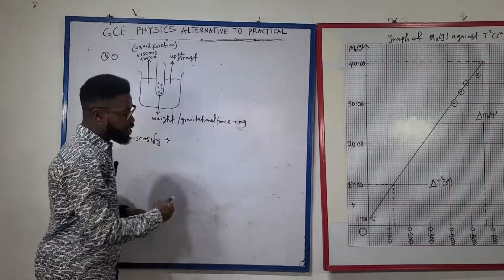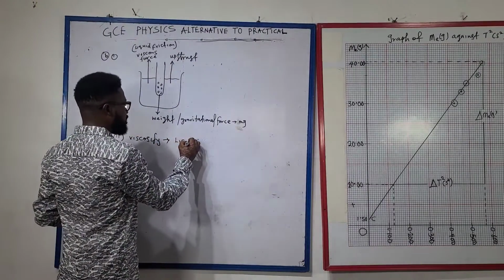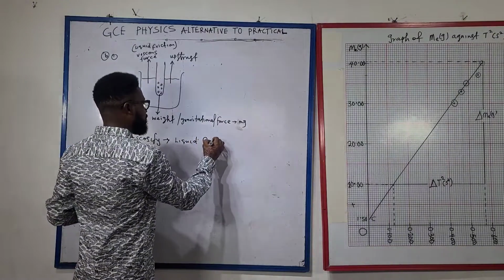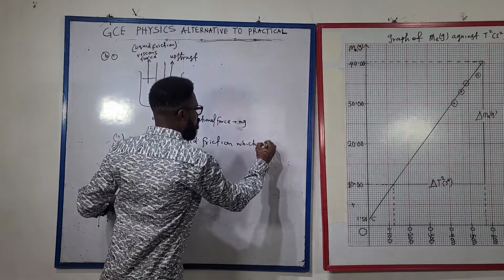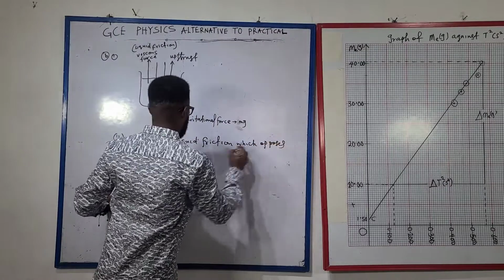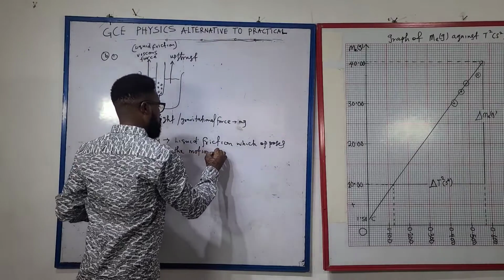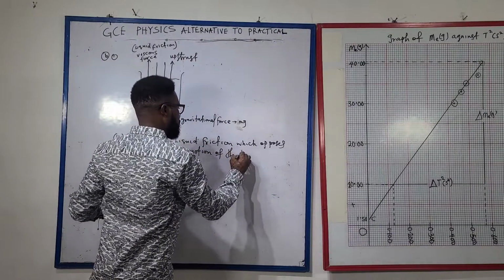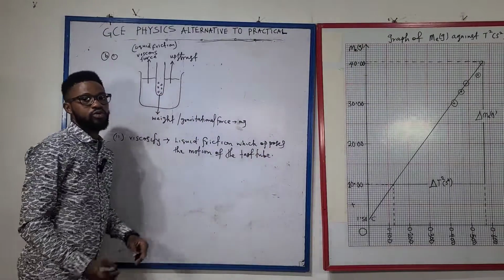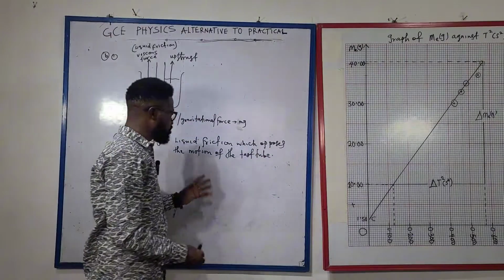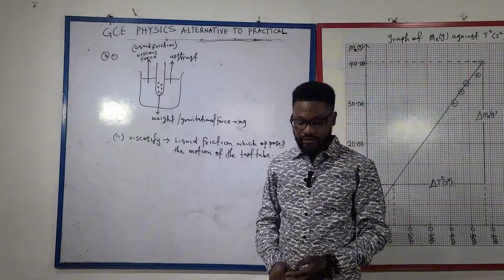This is what we call liquid viscous force, that is, liquid friction, which opposes the motion of the test tube. So with that, we've been able to answer this question, and that is a whooping 25 marks.